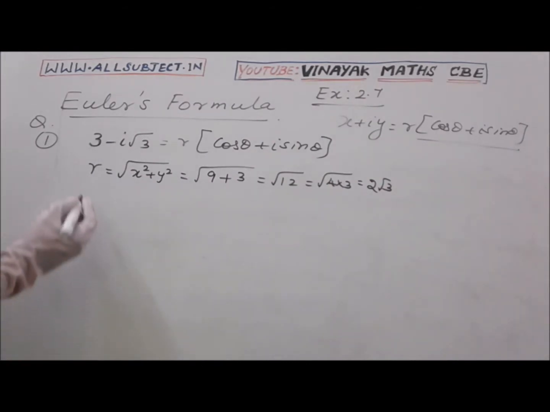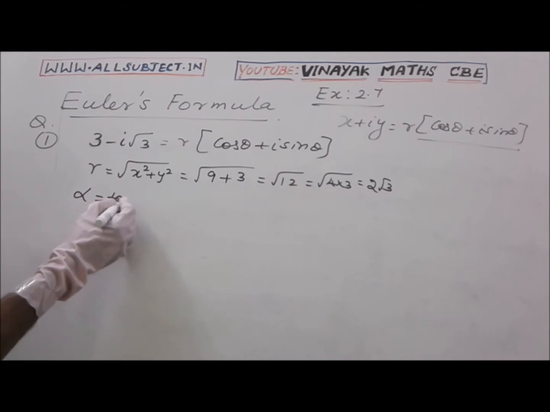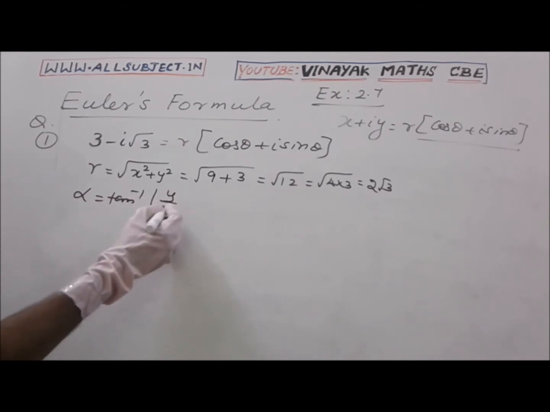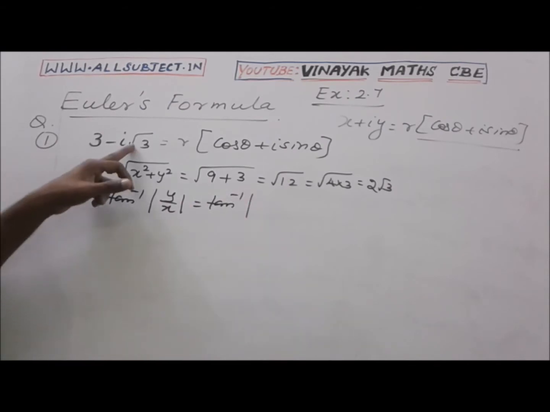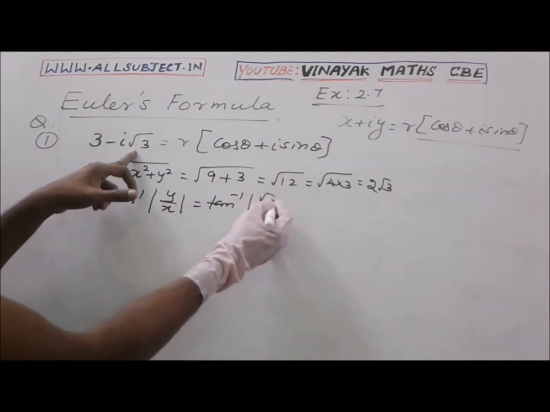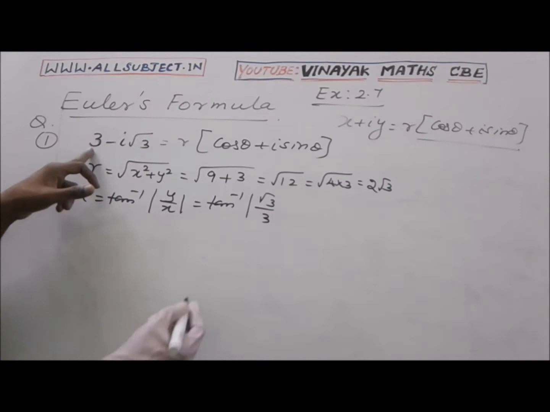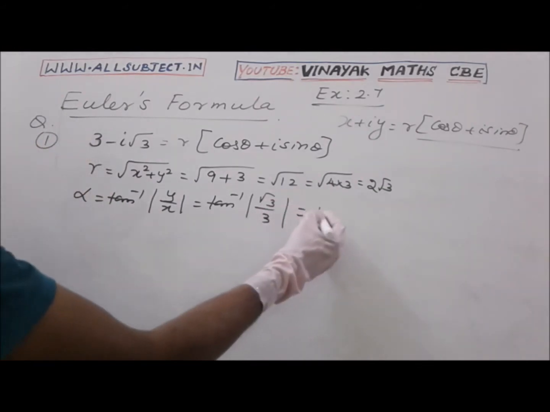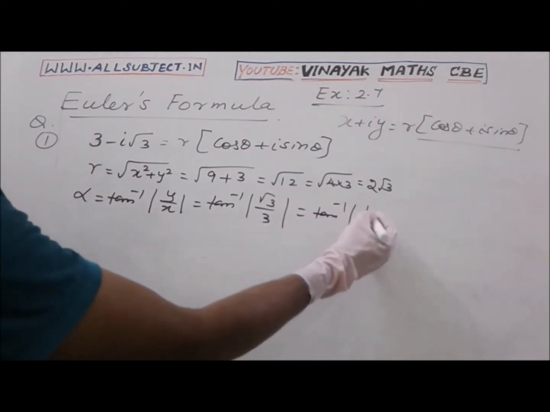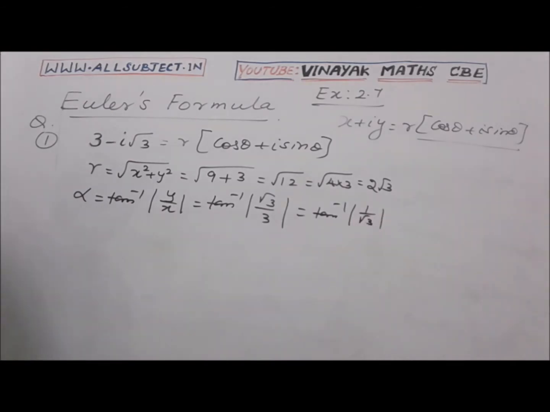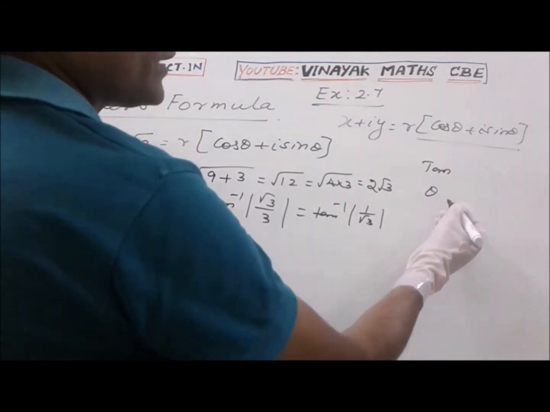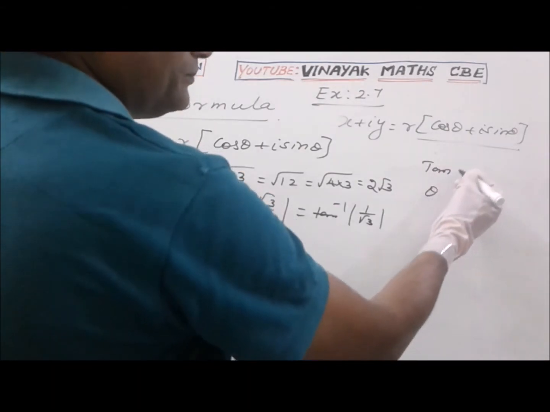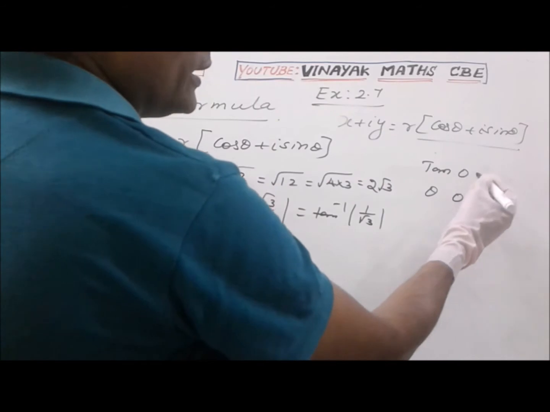Now we should find alpha. Alpha equal to tan inverse of modulus of y by x, that is equal to tan inverse of root 3 by 3, which is equal to tan inverse of 1 by root 3. Now for 1 by root 3 we have the tan values and the angle values.